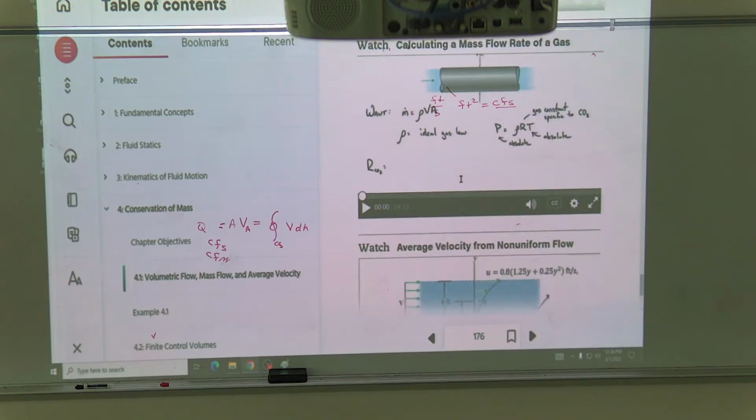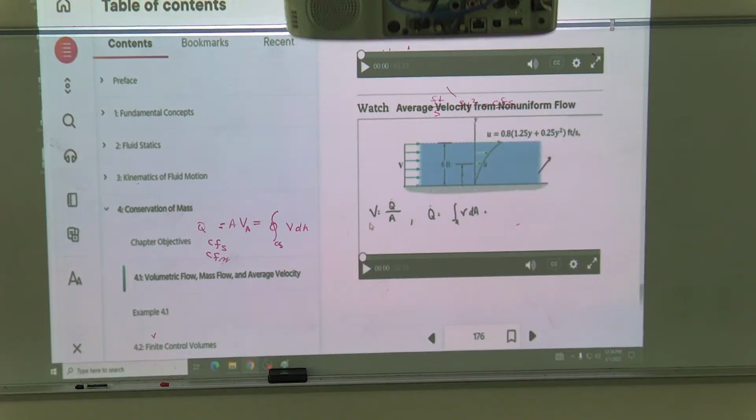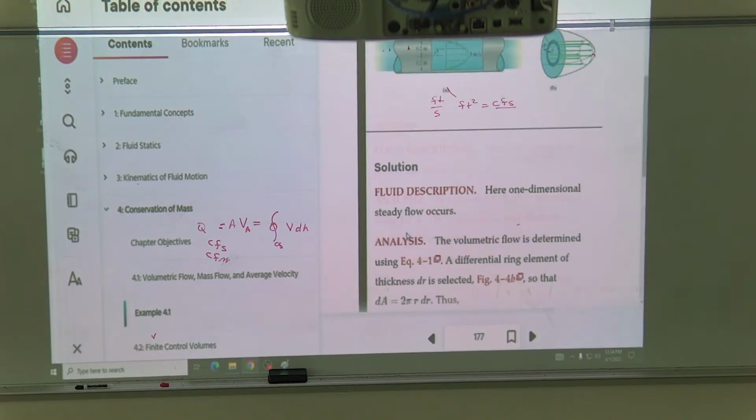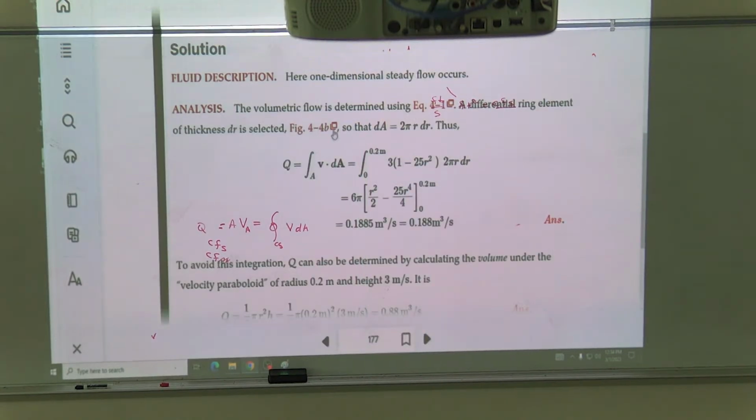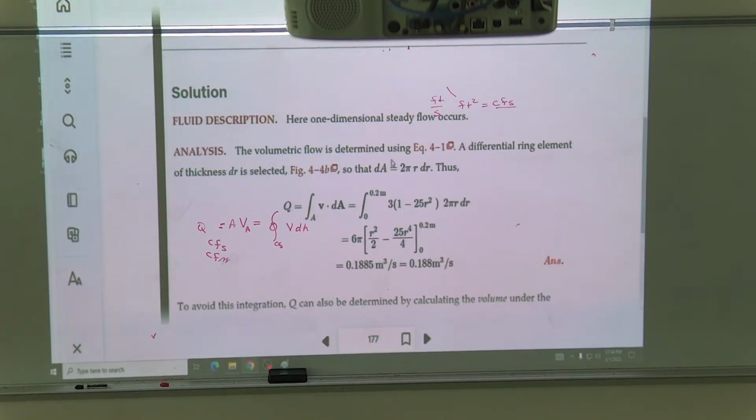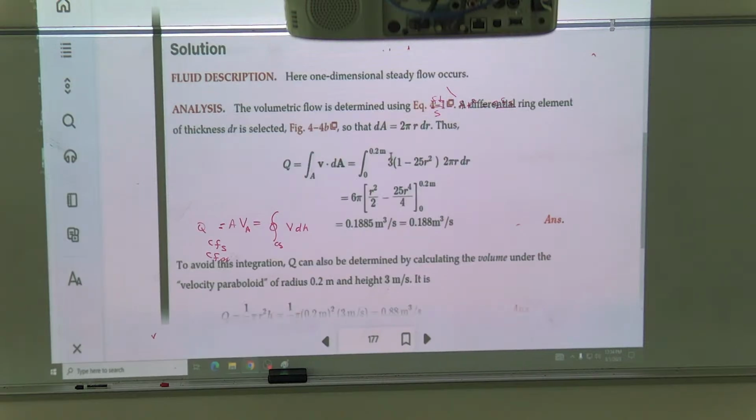Then important points. These problems are just a bunch of integrations, and usually the integration is fairly straightforward. Here's one in which he's got an equation. Where is his equation? Okay, the volume is determined by equation 4.1.